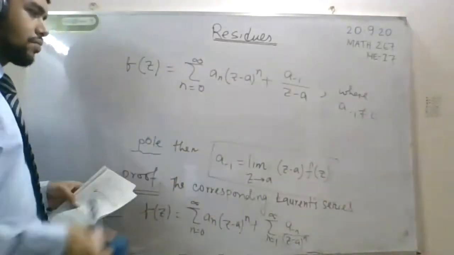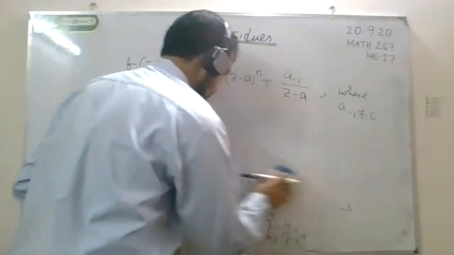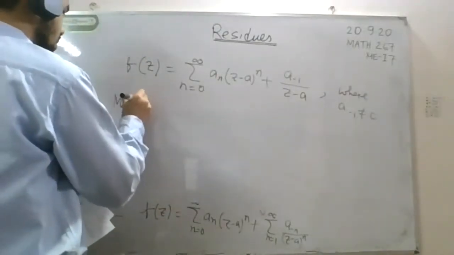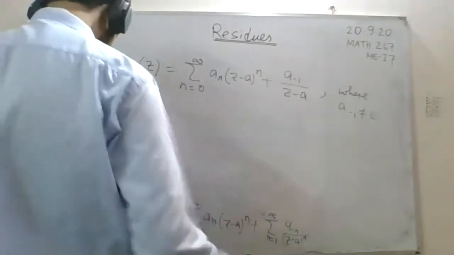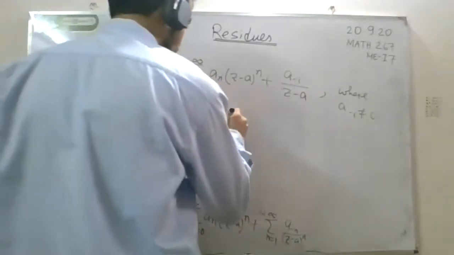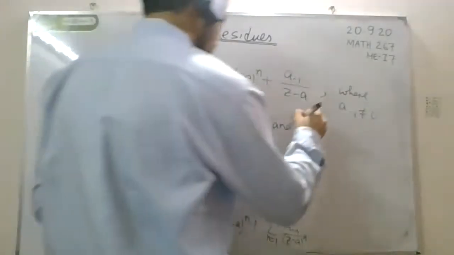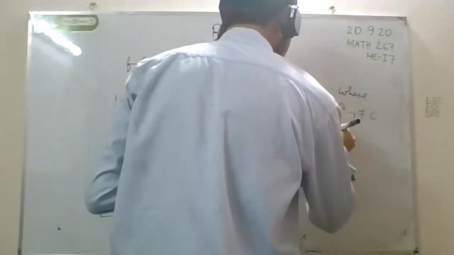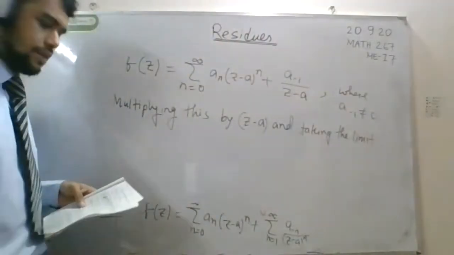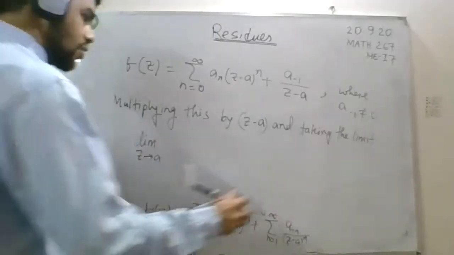Now, just multiplying z minus a on both sides, you can get, and taking the limit, you can get your limit z tends to a.